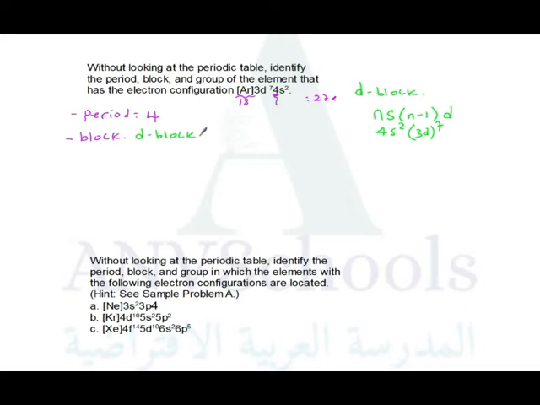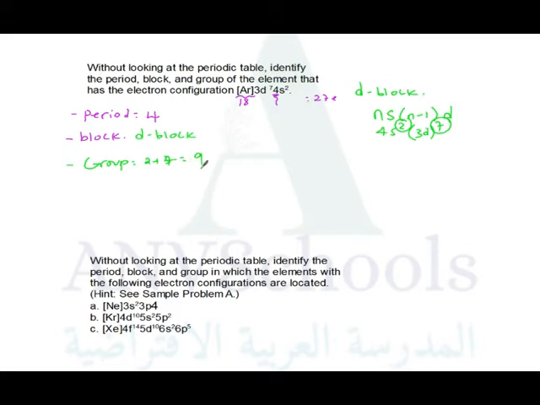So the period, block, and group. In order to decide the group, just add the electrons from both this one and this one. So we have 2 plus 7, which is 9.